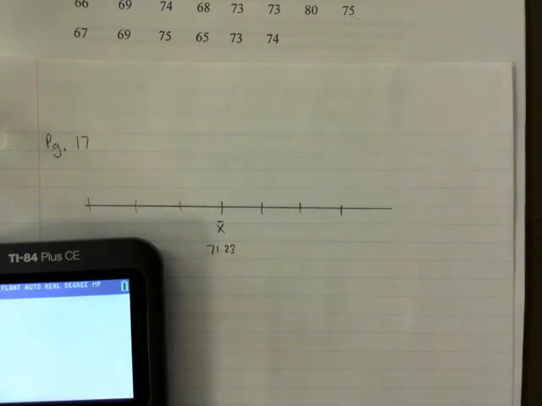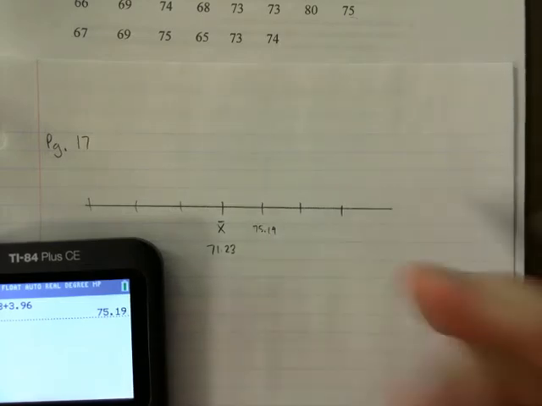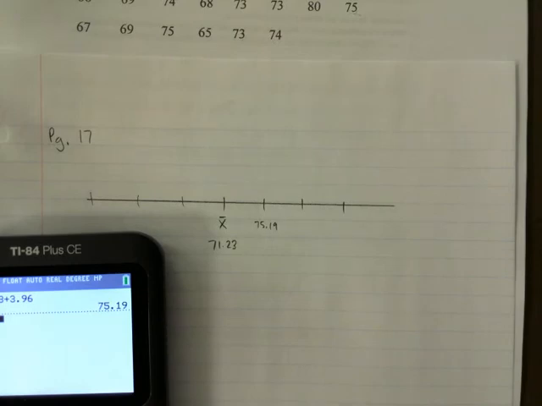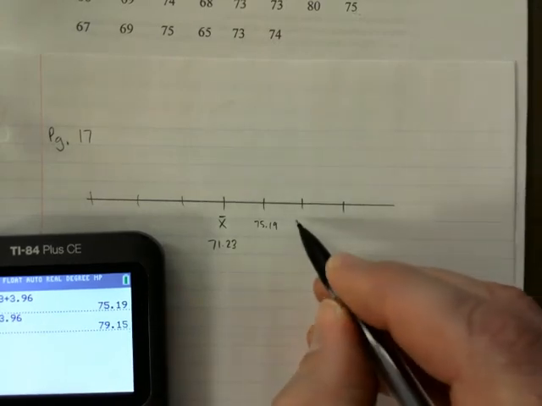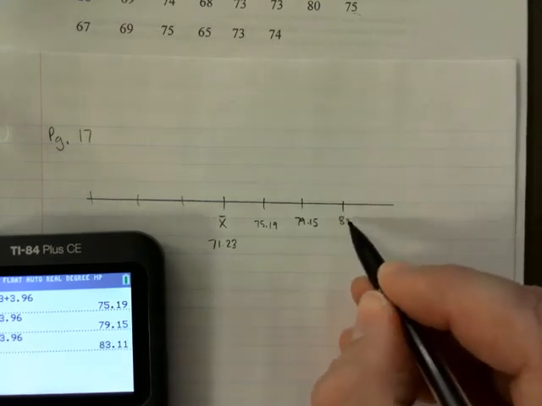Okay, so I will put down 71.23 and just add a standard deviation every time I jump. And I will actually go through the motions here with you because I don't have the key. So that's 75, 19, 79, 15, 83, 11.